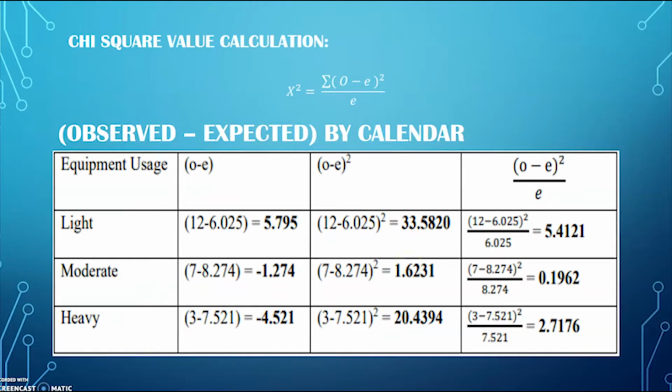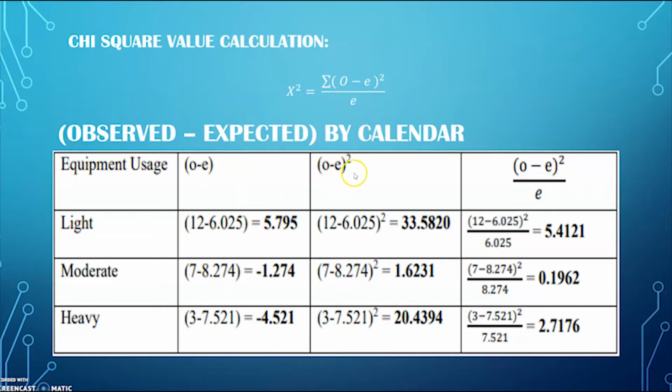Then, we need to find the chi-square value. The chi-square value is equal to the summation of observed minus expected value squared, divided by the expected value. As you can see here, this one is for by calendar. In the by calendar table for light, the first column we calculate is observed minus expected.